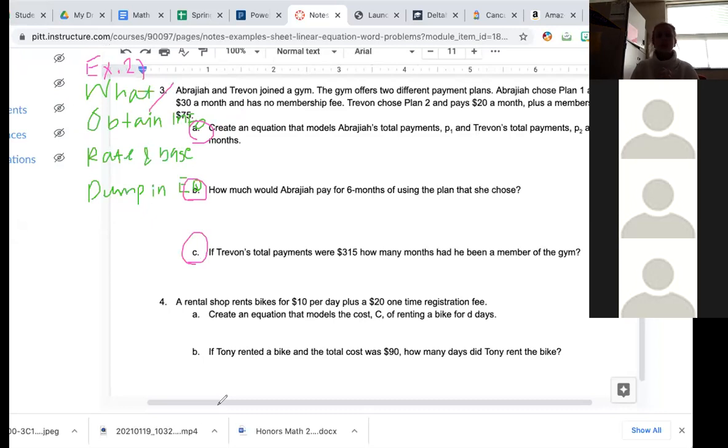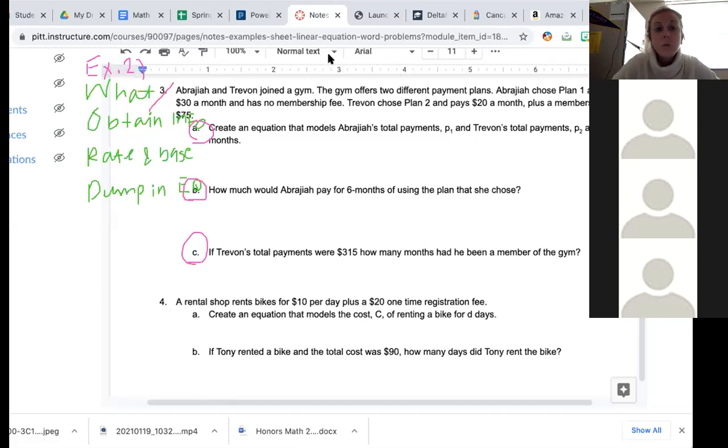So write in your notebook example 2, and put A, B, C. Let me know when you have example 2 A, B, C down, and we'll get started. I'm seeing dones from everybody.